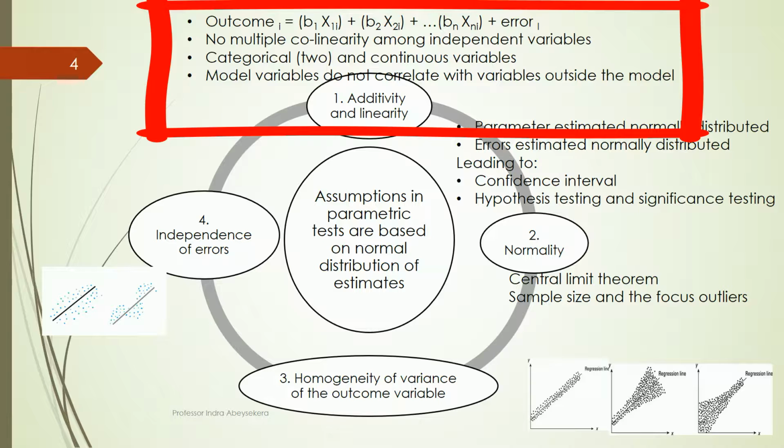The second is that these variables should be categorical. If they are categorical or qualitative variables, they can have only 2 possibilities, so 2 categories, or continuous variables.